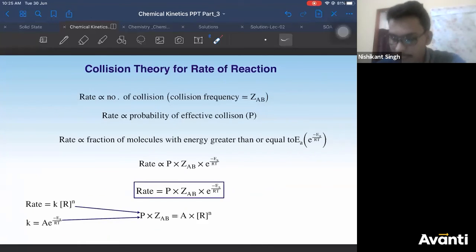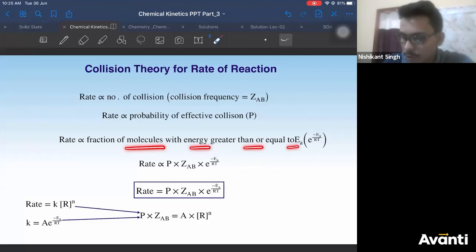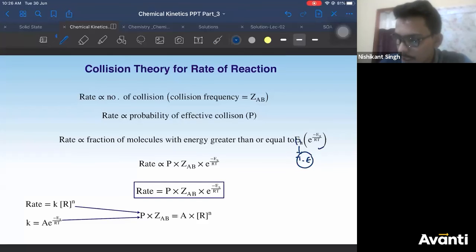That is what is explained in terms of formula also here, right? So the rate of a reaction depends upon the number of molecules which have energy greater than threshold energy. So molecules which have energy greater than or equal to threshold energy are this much.